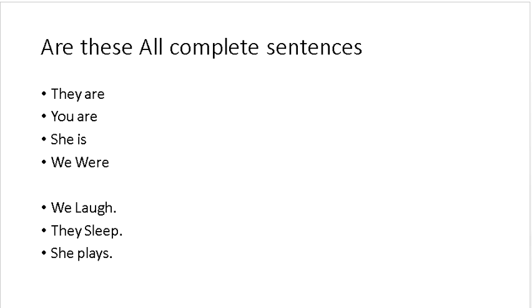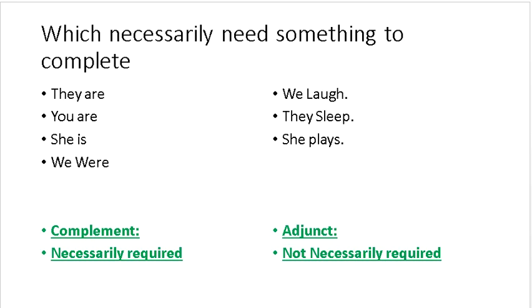So now let's move on. Now in these sentences we need a complement which is necessarily required. In these sentences we need an adjunct, we don't need anything which is necessarily required.